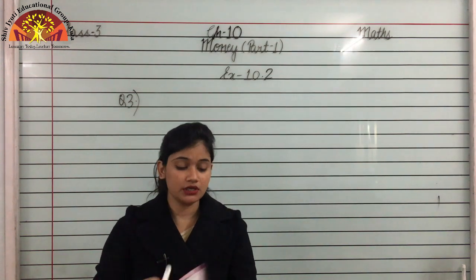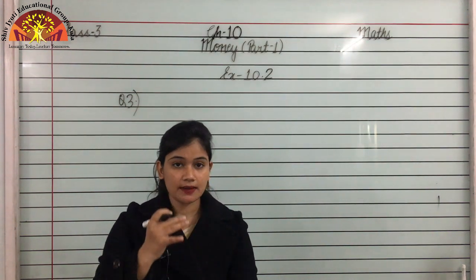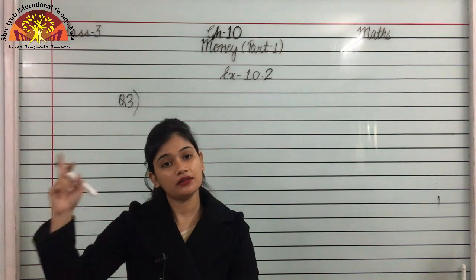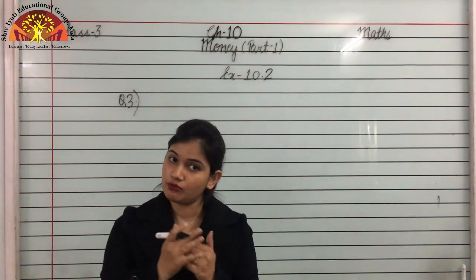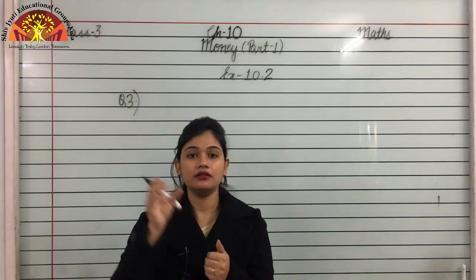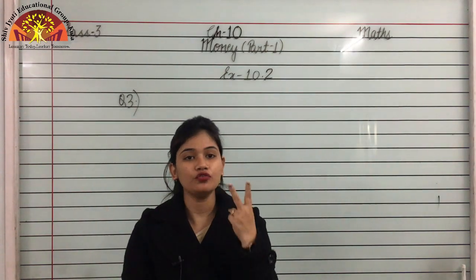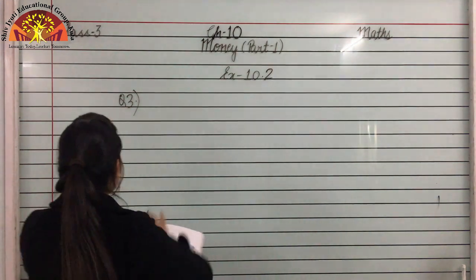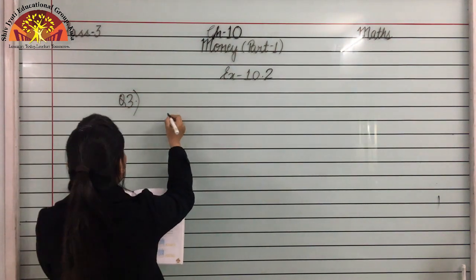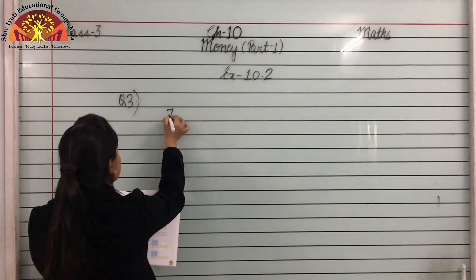Then in this question, what is given? From the sum of two numbers subtract the third number. So what we have to do students, first of all we have to find the sum of two numbers, then we'll subtract the third number from the sum of two numbers, okay. So just have a look on the board. Now we are finding the sum of two numbers, and what are the two numbers?